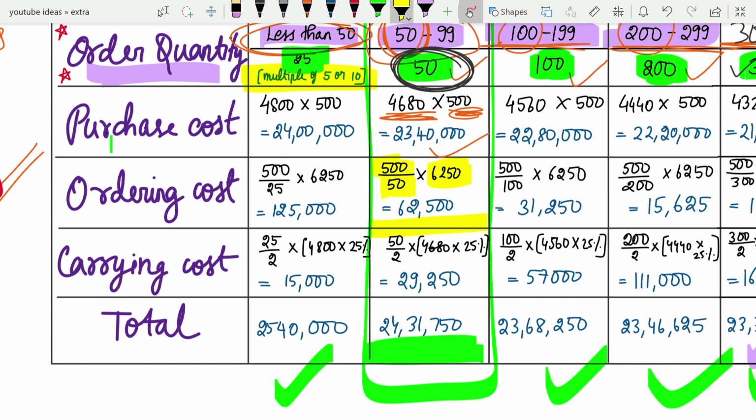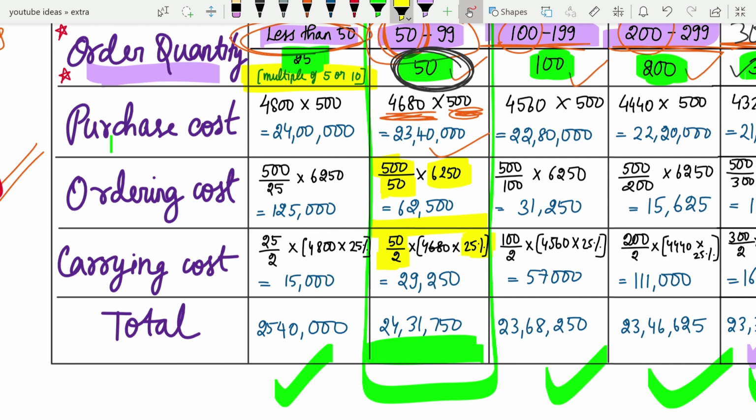Next, carrying cost. What is the carrying cost formula? Carrying cost formula is order quantity divided by 2 into carrying cost per unit. So order quantity is 50 divided by 2 into carrying cost per unit. Carrying cost percentage was 25%. How do you usually find carrying cost per unit?